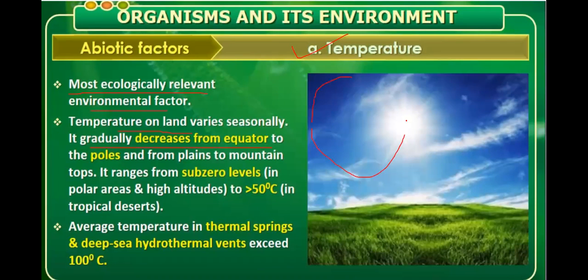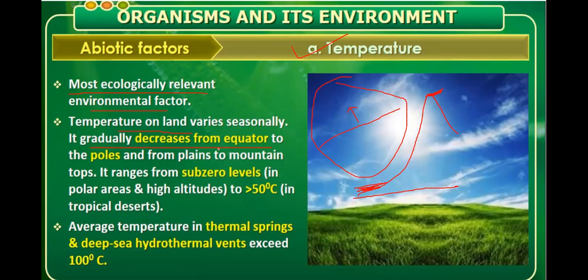So this is the Earth. In the middle line there is the equator. If we move from the equator towards the pole, there will be a decrease in what? Temperature. And from plain to mountain, here at the mountain there will be low temperature. At the plain there will be what? Higher temperature.